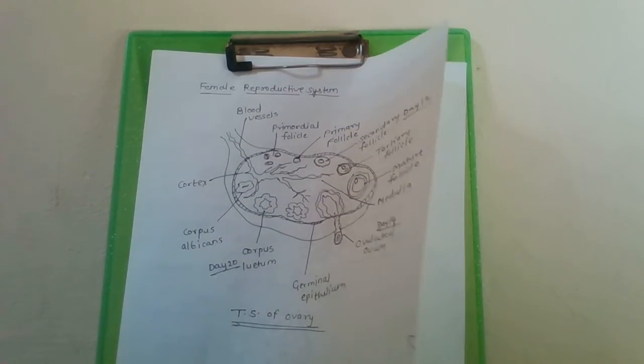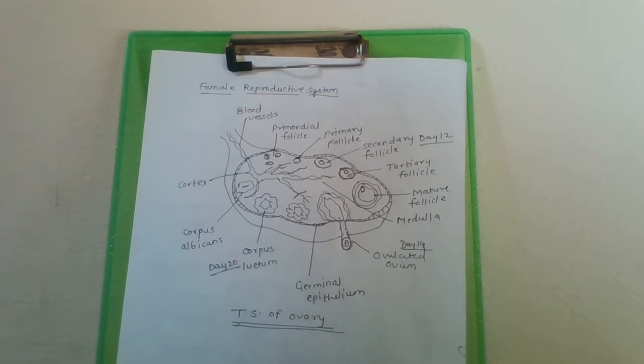The process of oogenesis starts much before the birth of the female baby, and by the end of 12 weeks the ovary is fully formed. It has more than 2 million primordial follicles in it.